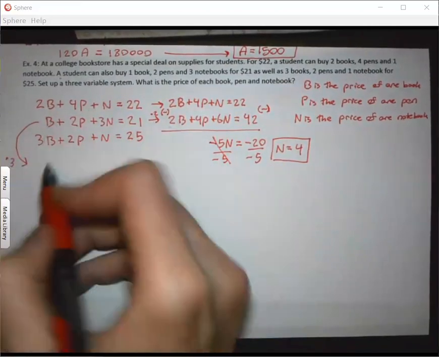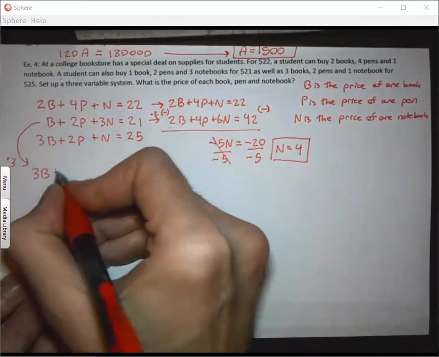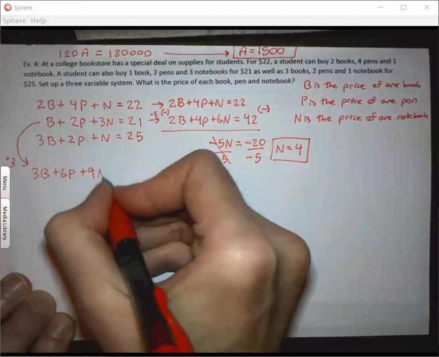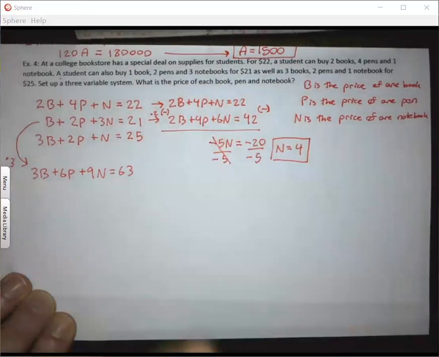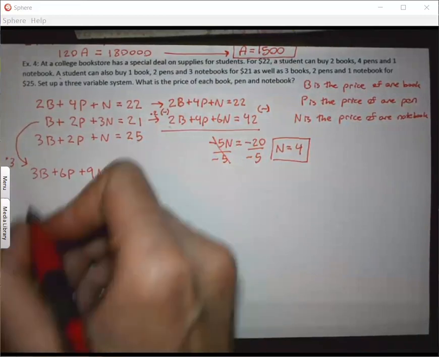So 3 times 1 is 3. 3 times 2 is 6. 3 times 3 is 9. 3 times 21, 63. Keep that the same.